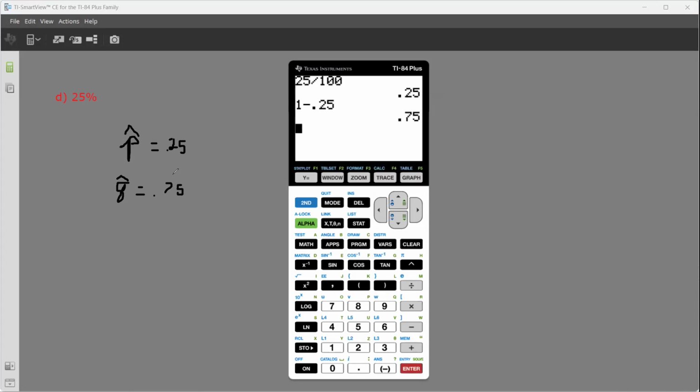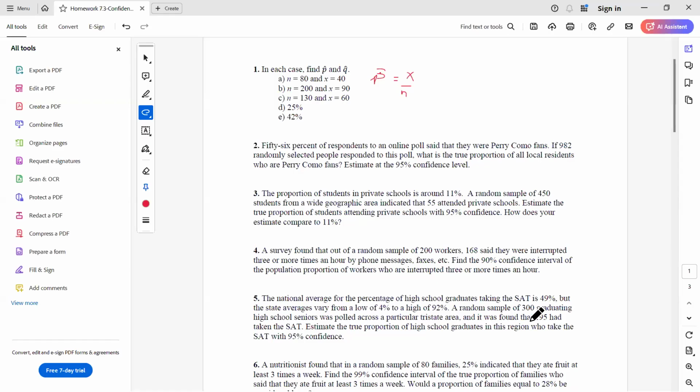Now let's get into the actual confidence interval formation here. I want to do one problem for you from that. So let me now go back to the homework here. I'm going to do a couple of problems from this worksheet.